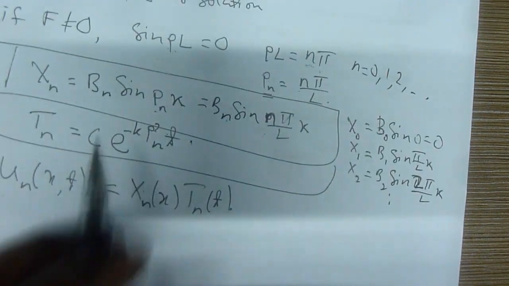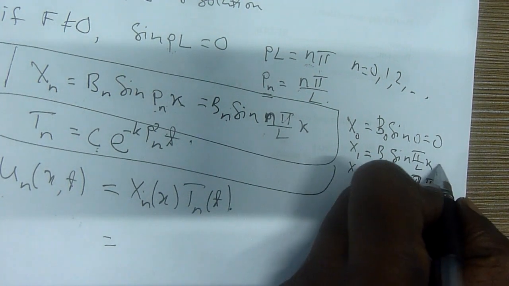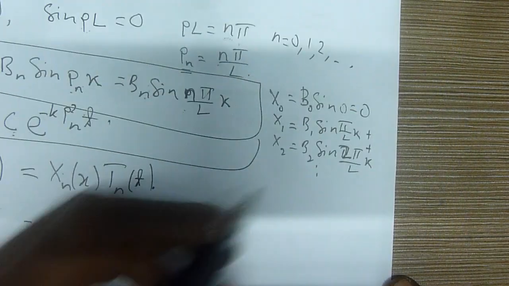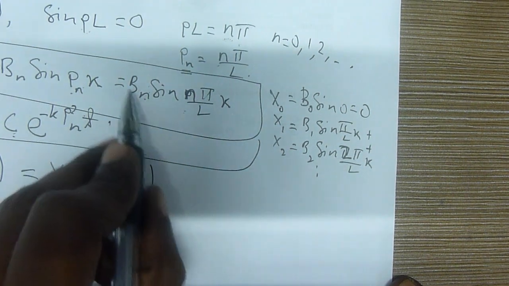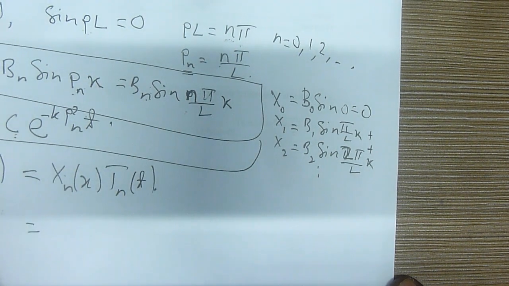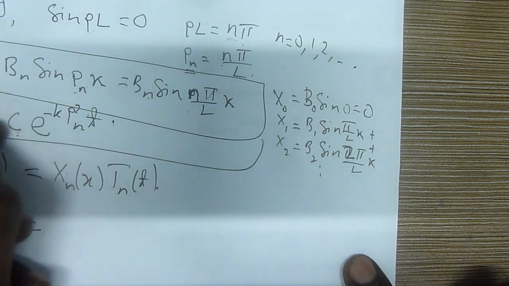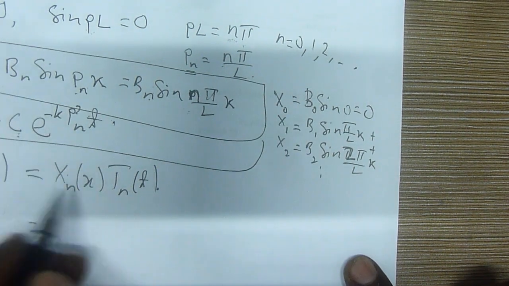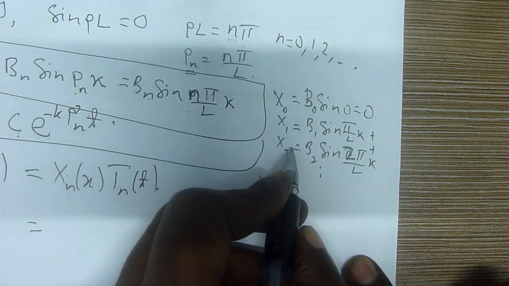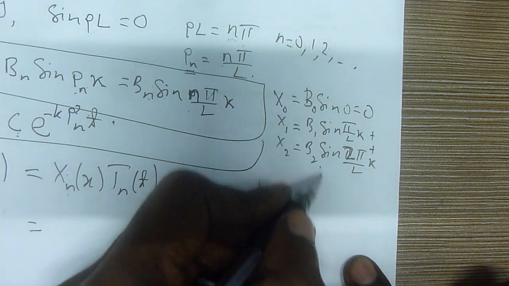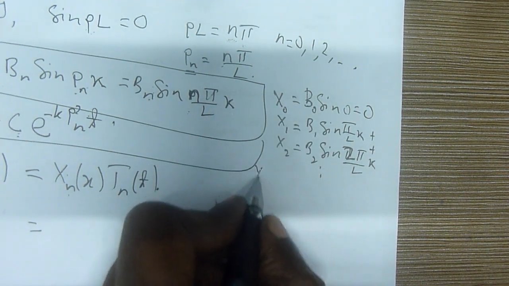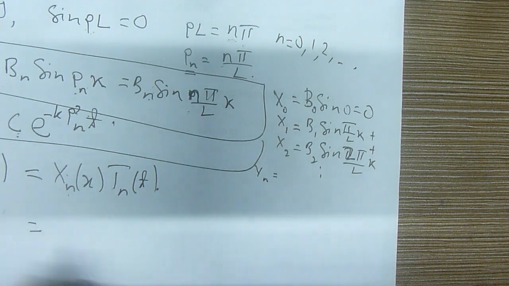We know this combination, when we add them together, is the principle of superposition, the linearity of superposition. All these can be solutions for the Xn. The Xn can be represented by any combination of this.